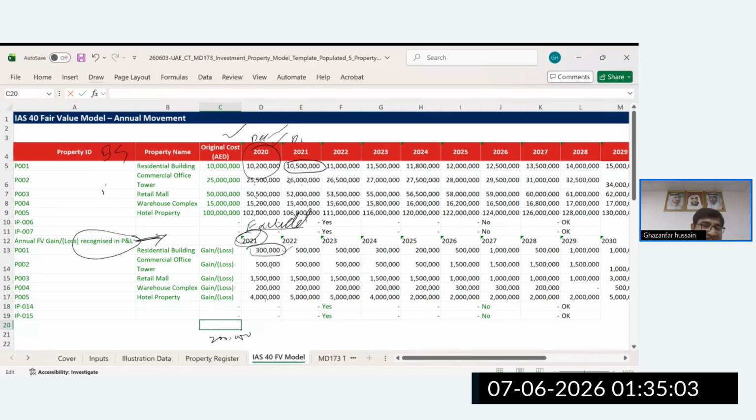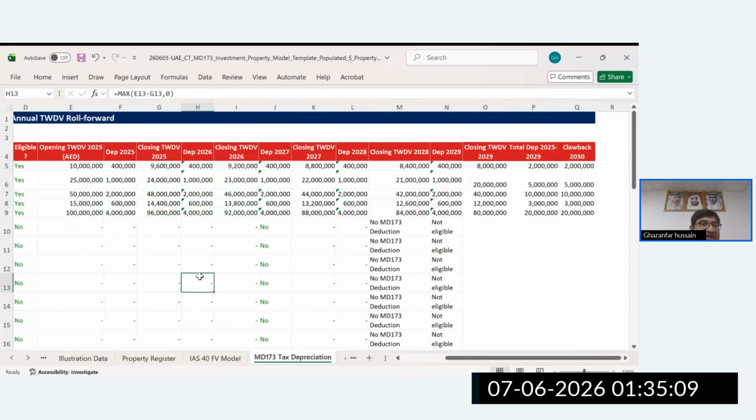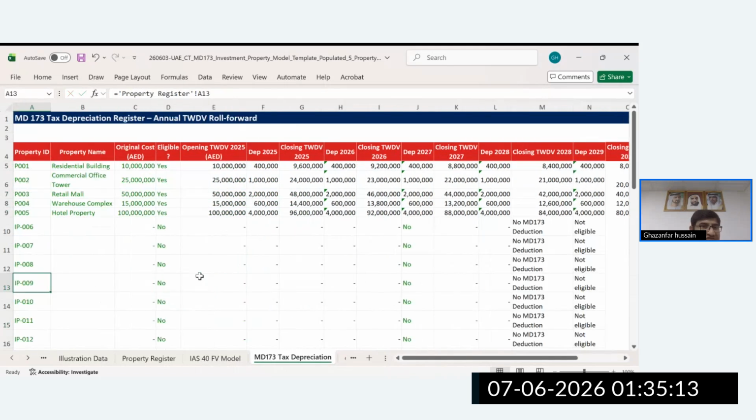Although the Excel is already prepared in the same fashion. Let's go to the next tab, in which we are going to apply the tax depreciation. That is our main agenda of learning, but of course all the previous steps are also important. So same original cost, eligibility, opening value of tax depreciation is this.